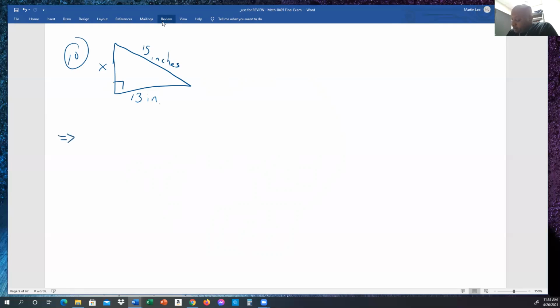So now this means the longest side, 15 inches squared equals X squared plus 13 squared. 15 squared is 15 times 15, just 225. And that equals X squared plus 13 squared, which should be 169.